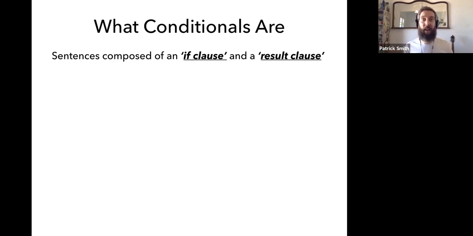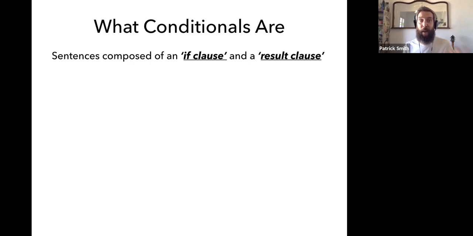And when we make a conditional, we need two clauses. One contains if, so that's also called the conditional clause. It's the clause that contains the condition, which we usually form with if, and then the result clause, or the consequence clause, or the main clause. It has lots of different names depending on which grammar book you're reading.